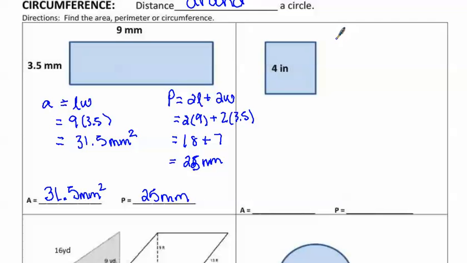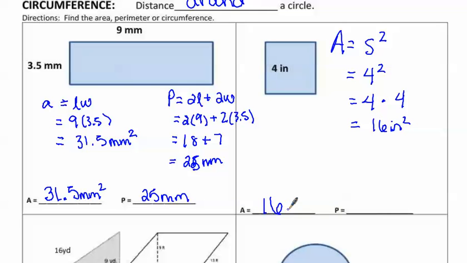Area of a square, the formula sheet states S squared for side squared. The side length is 4. 4 squared, which is the same as 4 times 4, is equal to 16 inches squared. Make sure you transfer your answers to the blanks provided.